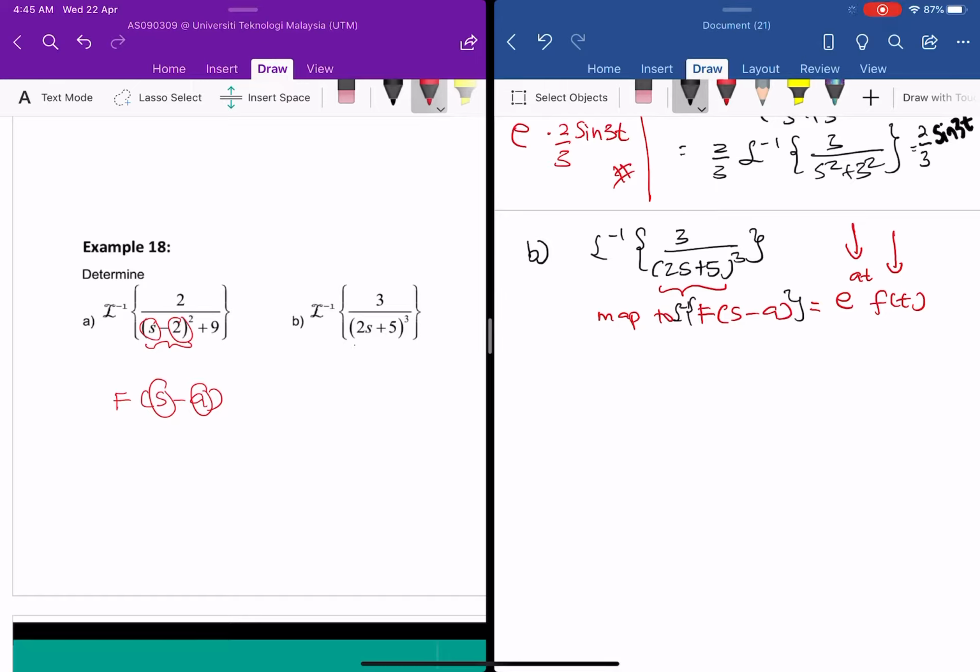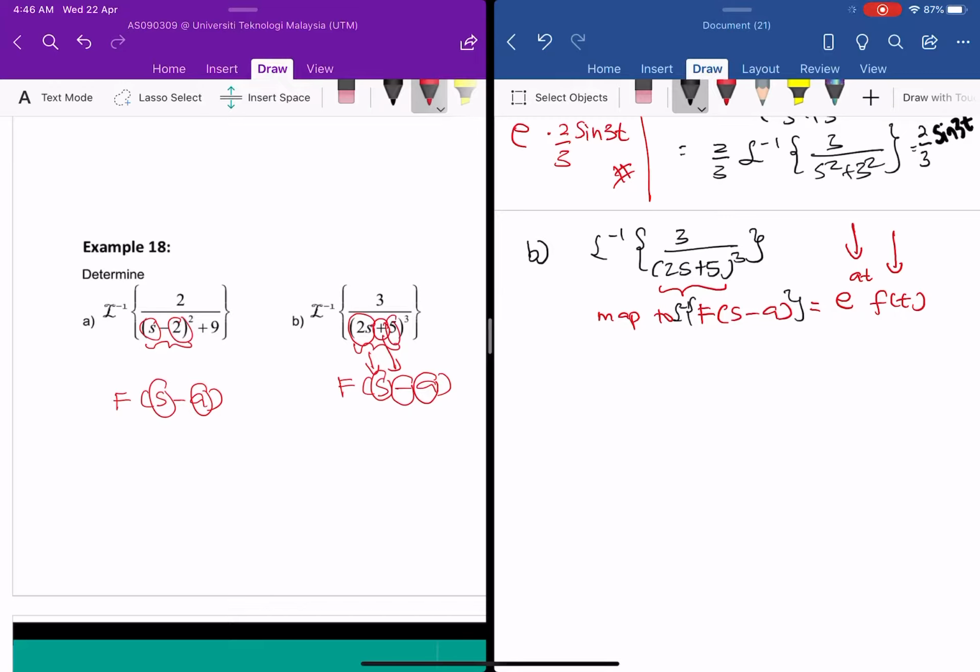But look at B, this one also maps to F(s minus a), but here you have a 2s. No matter what, you need to reduce it to s. And here you have a plus, so you need to change it to a negative. So the value of a is totally different from the 5, because you need to modify first.